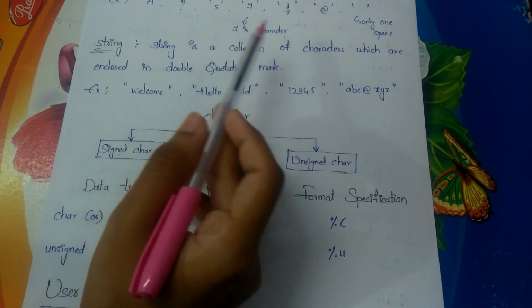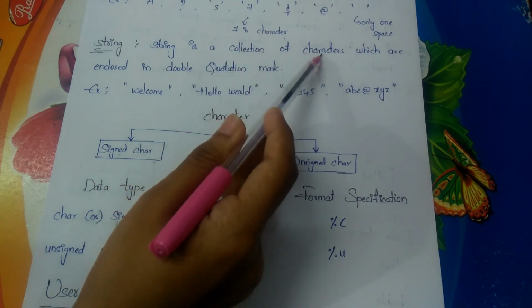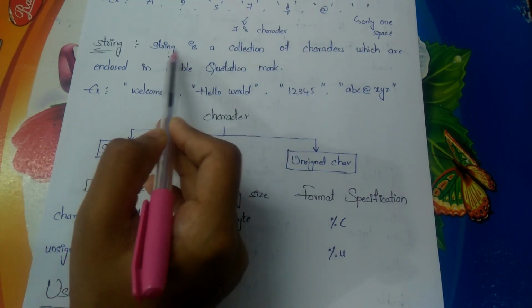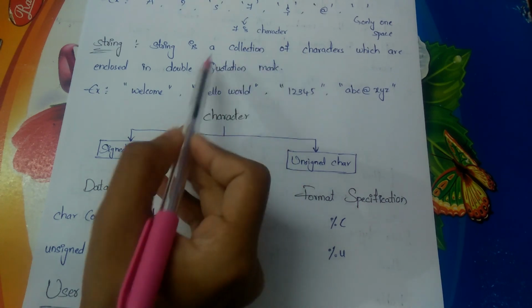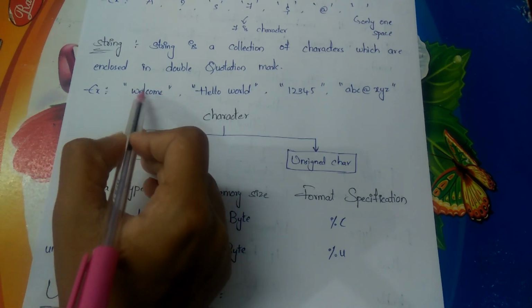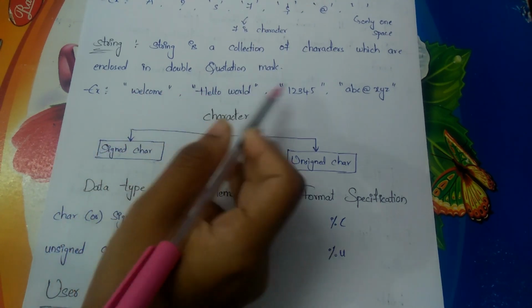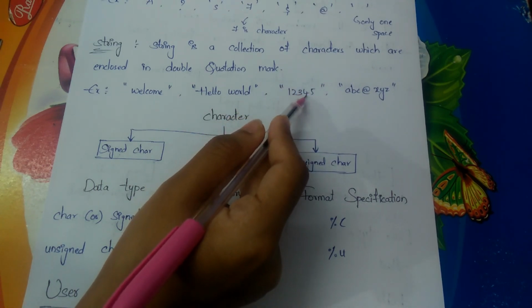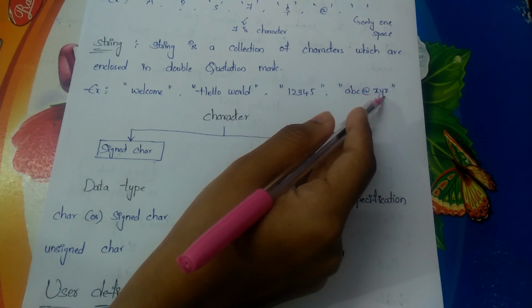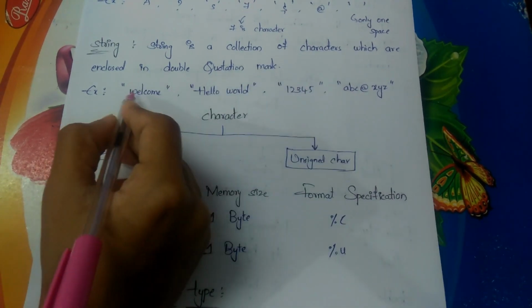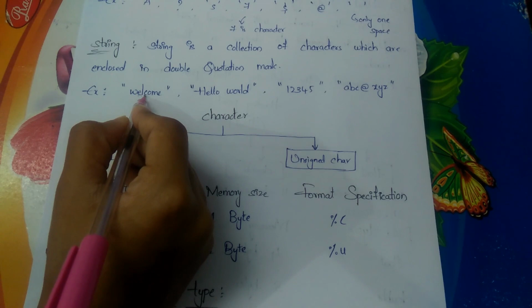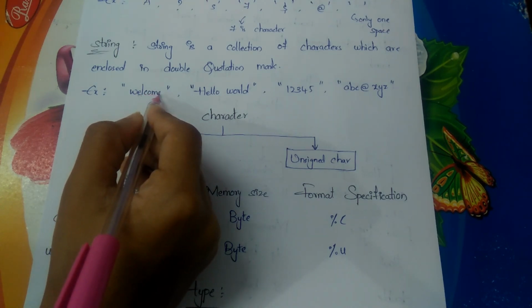When there are many characters, a group of characters, we call it a string, and we enclose it in double quotation marks. For example, within the double quotes I am writing welcome, the second one is hello world, then 1 2 3 4 5, and here the example is abc@xyz. These are all collections of characters. So w is a character, e is a character, l is a character, c is a character, o is a character, m is a character, e is a character.